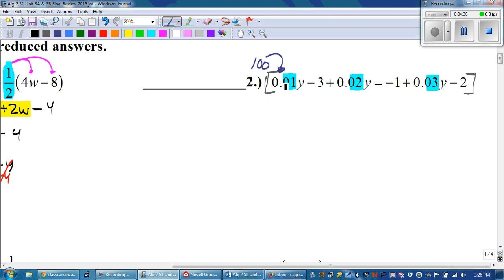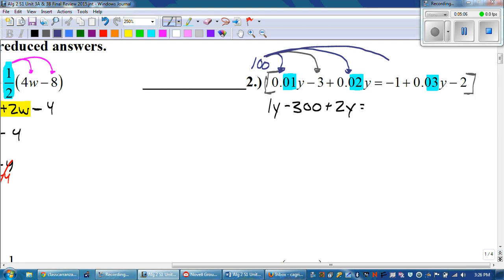So 100 times 0.01y turns out to be 1y. And remember, multiply everything. Okay? 100 times 3 is 300. 100 times 0.02y gives me 2y.